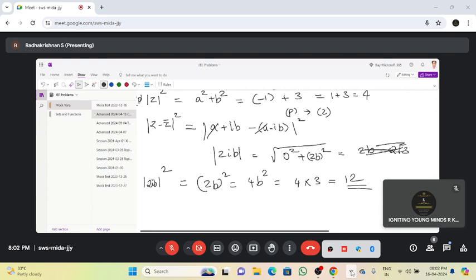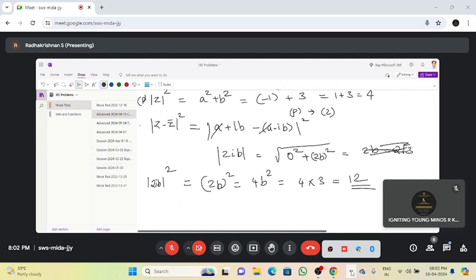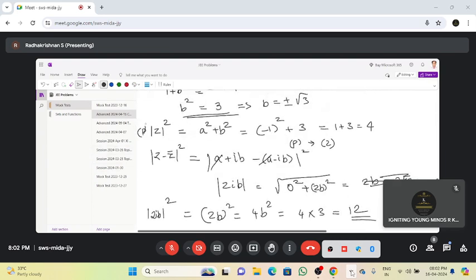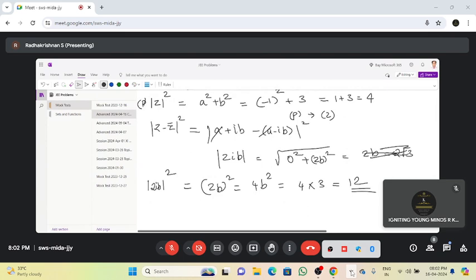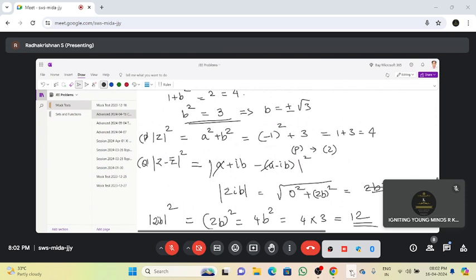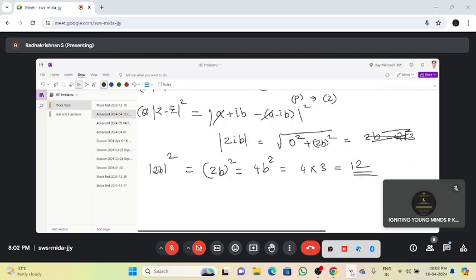So that means this is Q. That Q maps to 12. Which option is 12 in? 1, right? So Q maps to 1.